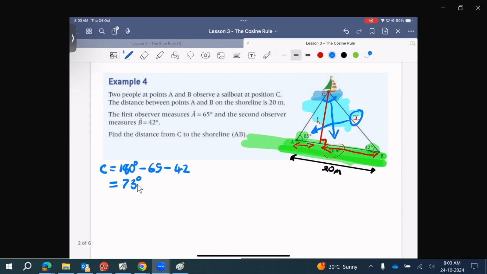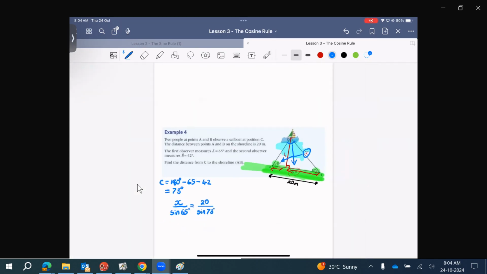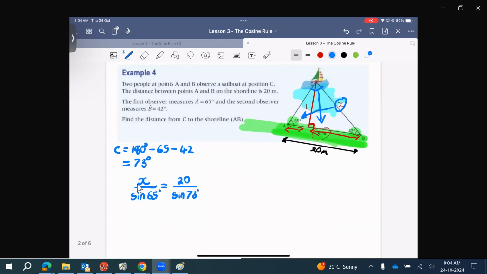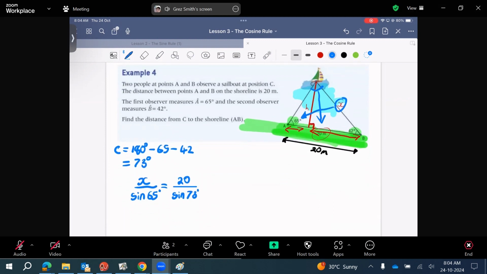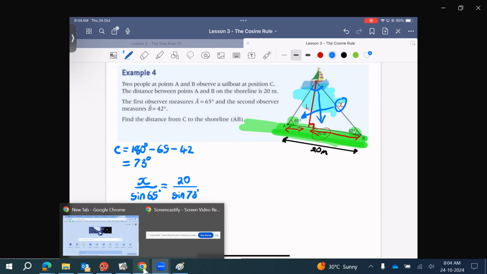So we can say that X over sine 65 is equal to 20 over sine 73. Have a go at solving this now using your calculator. I'll just pause and I want to come around and see it on your calculators.